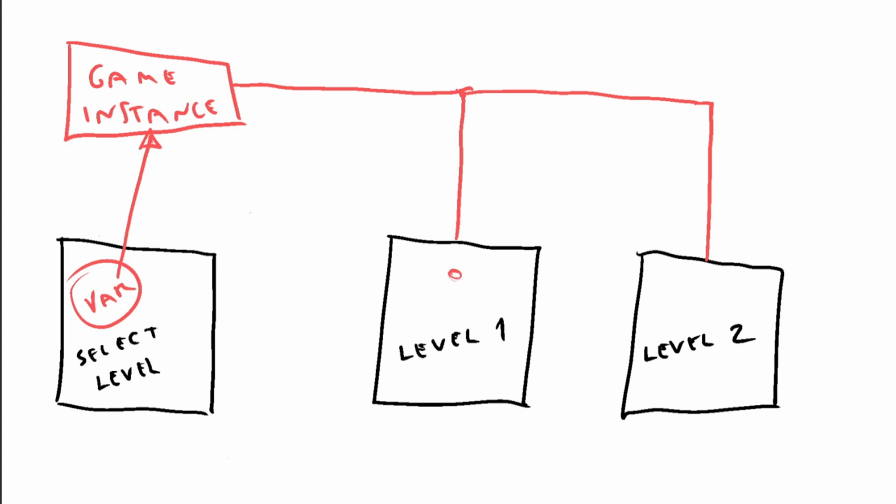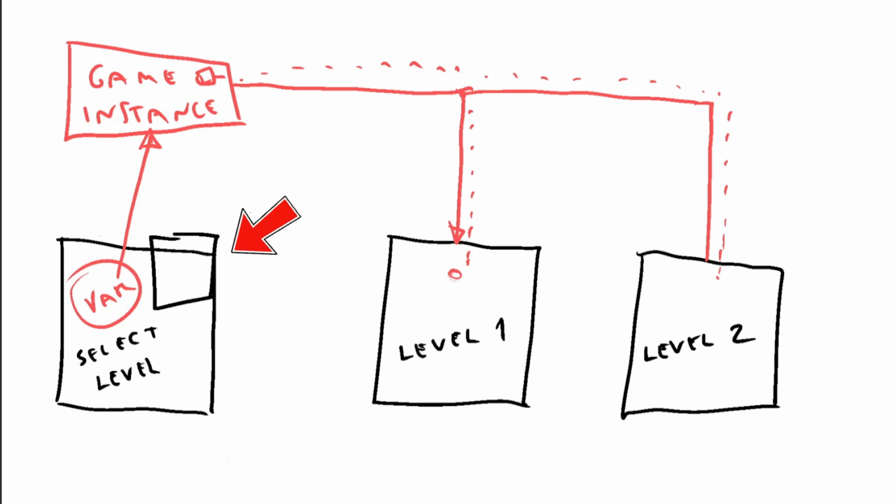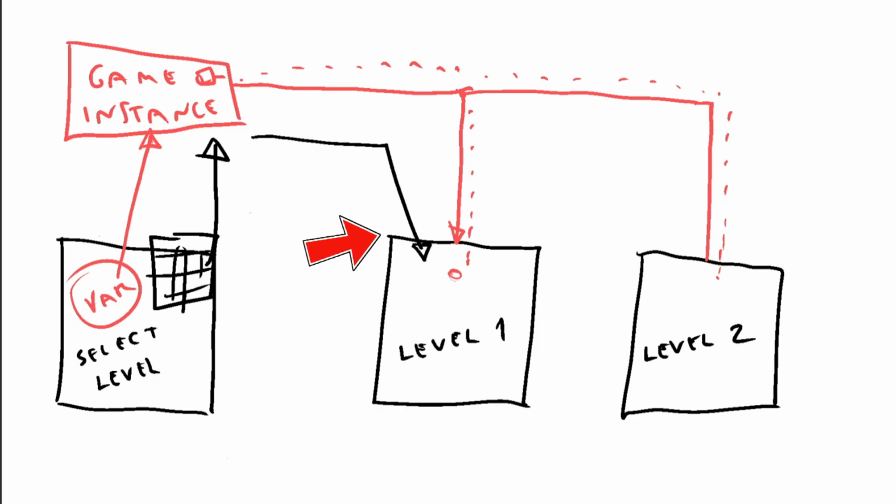You can pick the variable that you put in here and transfer it to this level or to this level right here. And so the magic happens here. You pick those variables in your select screen, save them to your game instance. In the game instance, you can open and save and spawn the character in that level right here.